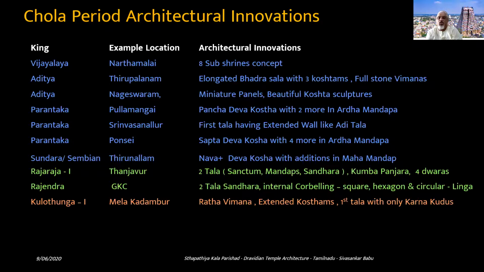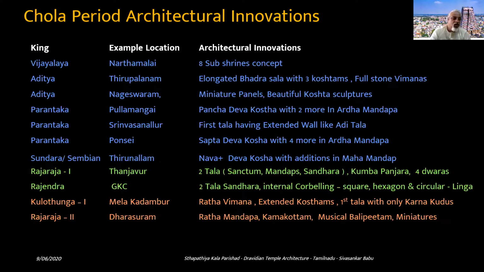Probably this was also an influencing factor for building the Konark temple at a later point of time. So the innovation here is that the costumes got extended, and the first tala with only Karnakutas. These are the innovations he did.